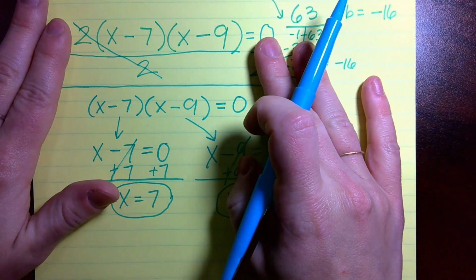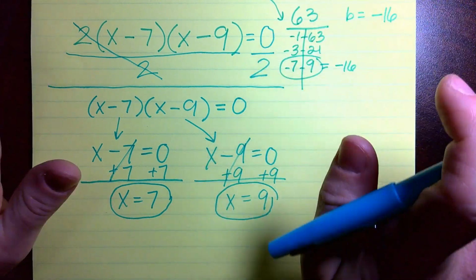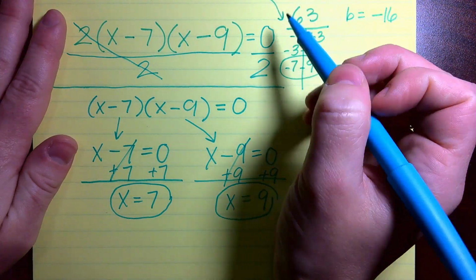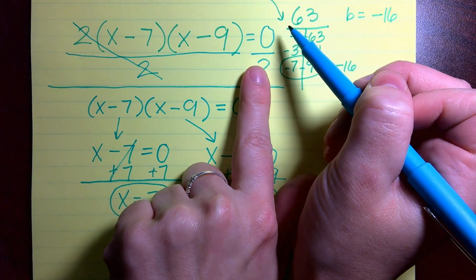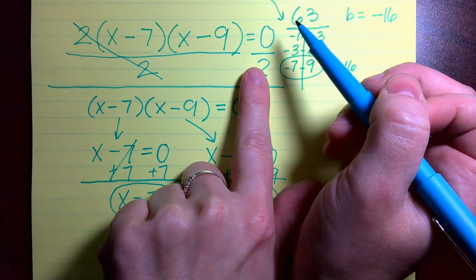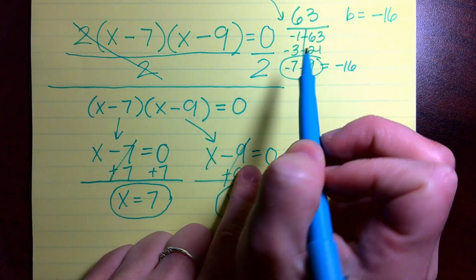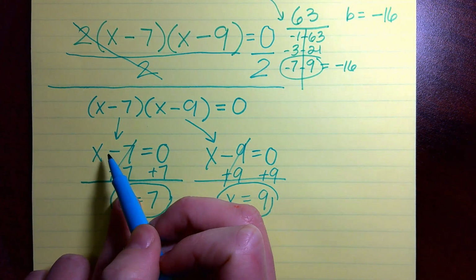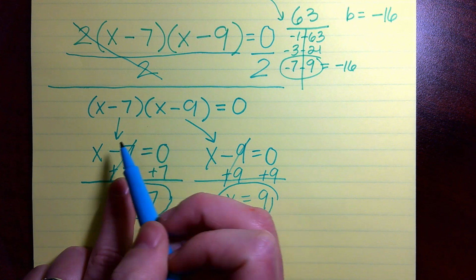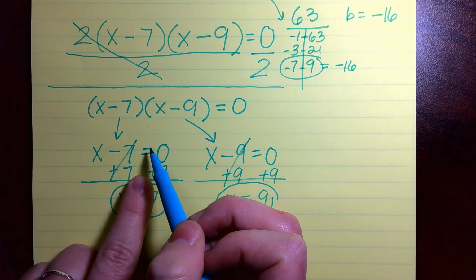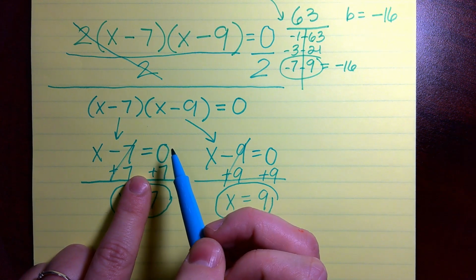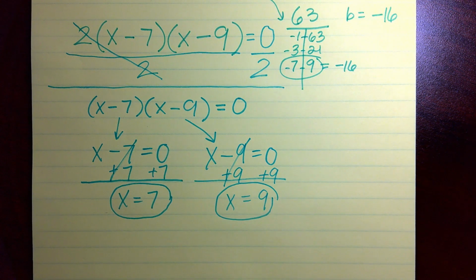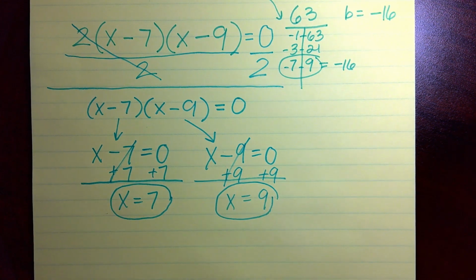So we could have done this part in our head, but there will be problems in the future where it is not equal to 0. And in those cases, that step is going to be very important, because instead of setting x minus 7 equal to 0, it'll be x minus 7 is equal to some number you're given. Then it'll be the same process, but a different answer.